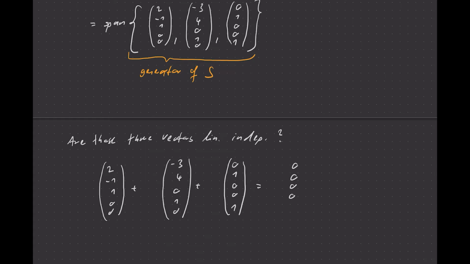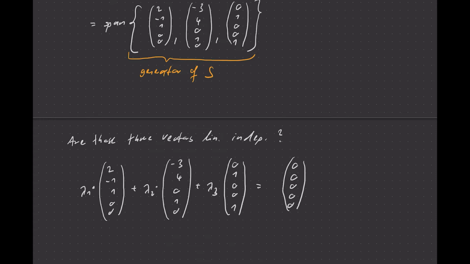We want that to be the zero vector, and of course we need coefficients as well. So we put a lambda 1 in front of the first vector, a lambda 2 in front of the second one, and a lambda 3 in front of the third one. Now let's see if we can find a solution for those lambdas that is not all zeros.